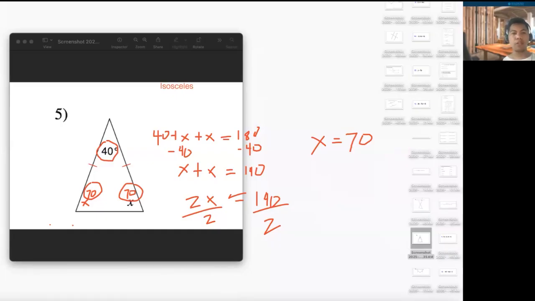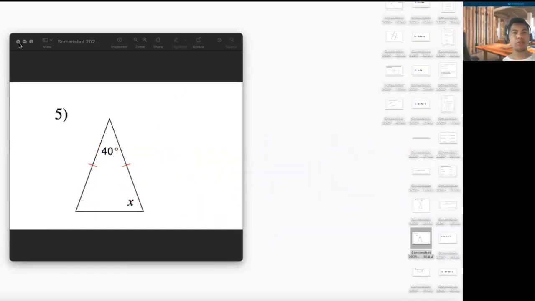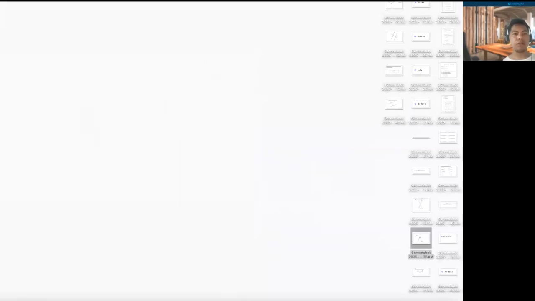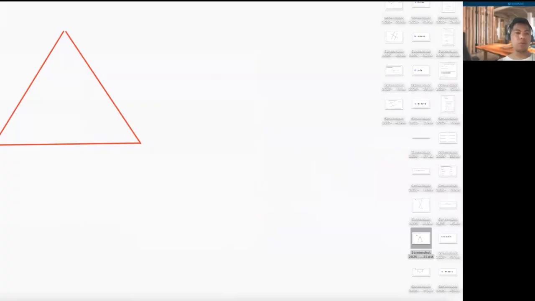Okay, I want you to solve for this. Let me draw one. So I will put this symbol. This means it is an isosceles triangle.